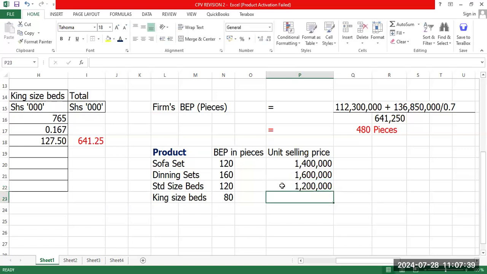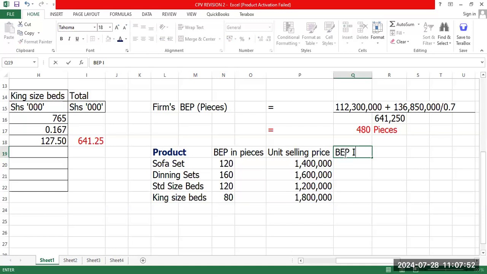Next, 1,800. Perfect. Then we get break-even point in shillings. That is our revenue.